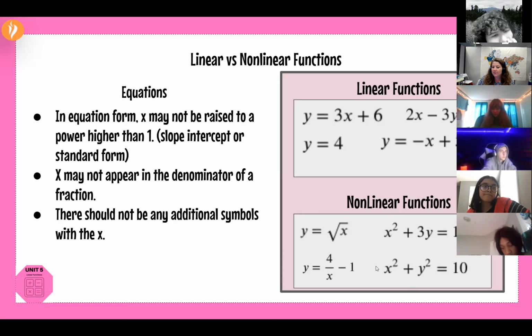Both of these variables have exponents greater than 1, so this is definitely nonlinear. And then look at this one. If the x is in the denominator, it's nonlinear automatically. So if you can remember these rules, you won't even have to graph anything to know that these equations represent nonlinear equations, okay?